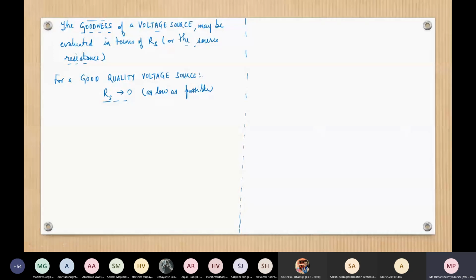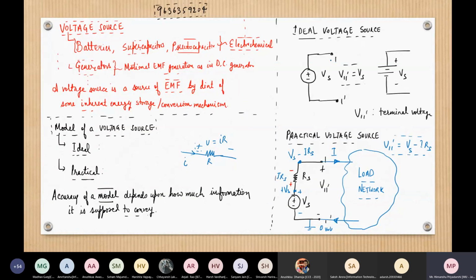And ideally you have seen only that its Rs is 0.